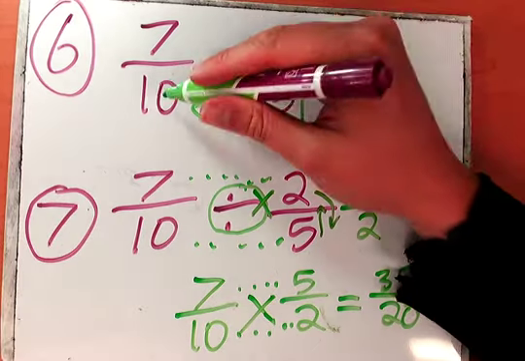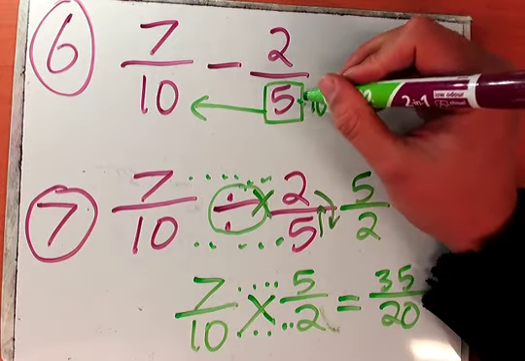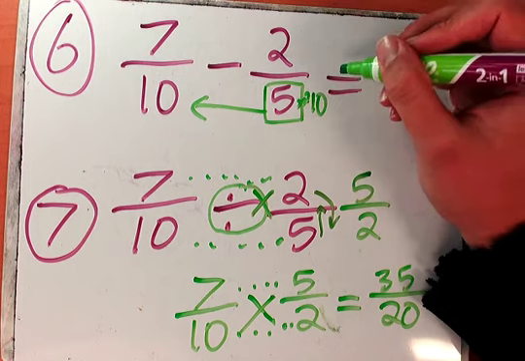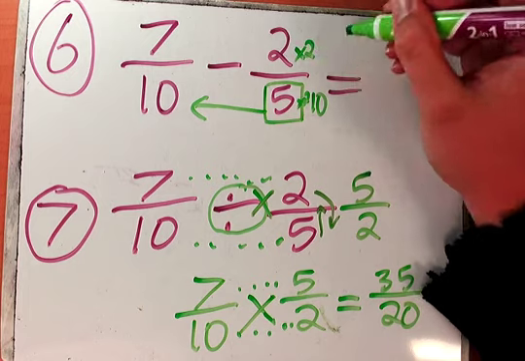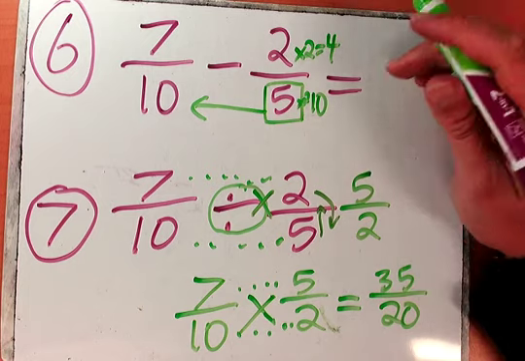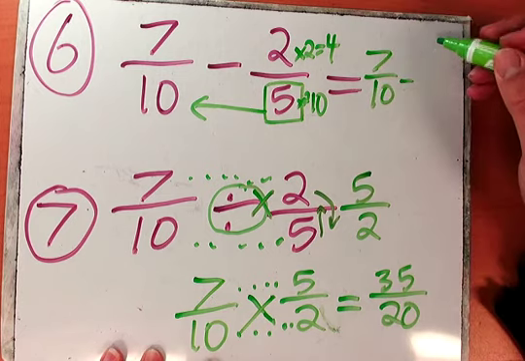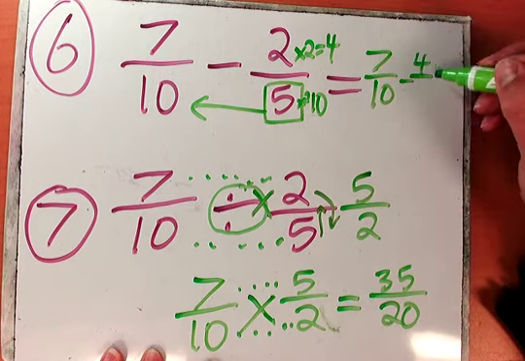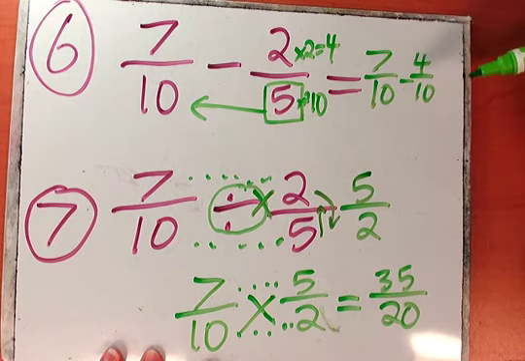We can see that 5 goes into 10. So I can make this 10 if I multiply by 2. And if I multiply the bottom by 2, I have to do that to the top. And so that's going to be 4. So really, 7 over 10 minus 4 over 10 is the same actual response here.